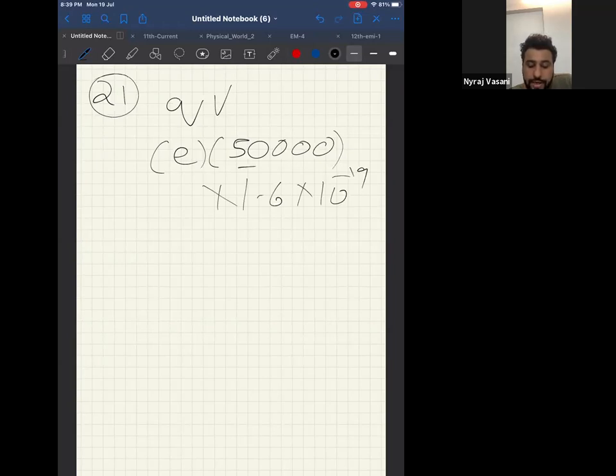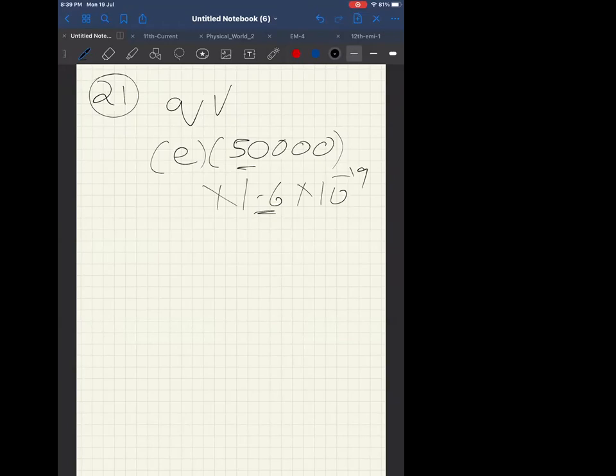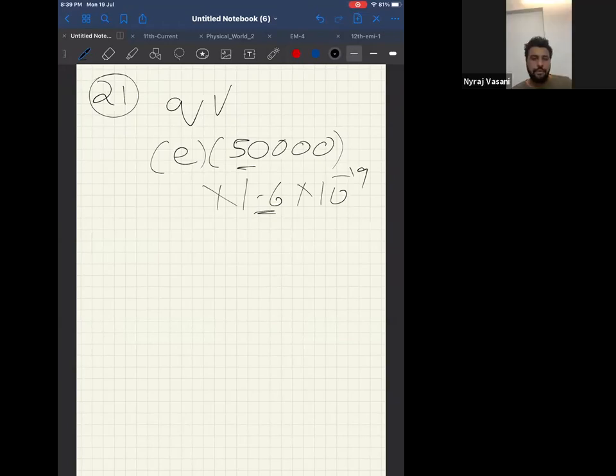So what is 5 into 1.6? Think about it and tell me. Or 16 into 5, what do you get? 5 into 1.6, 8. Got it? Now look at the options. Which option comes close? Option B, correct.